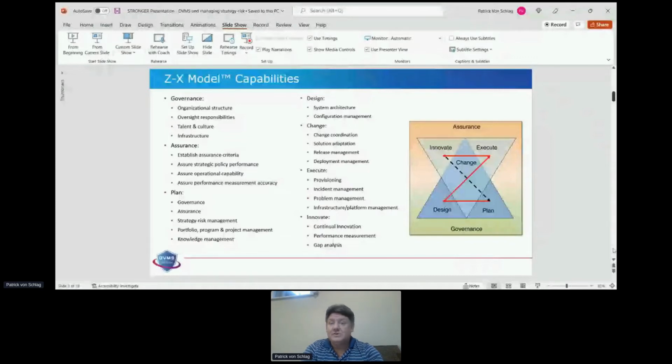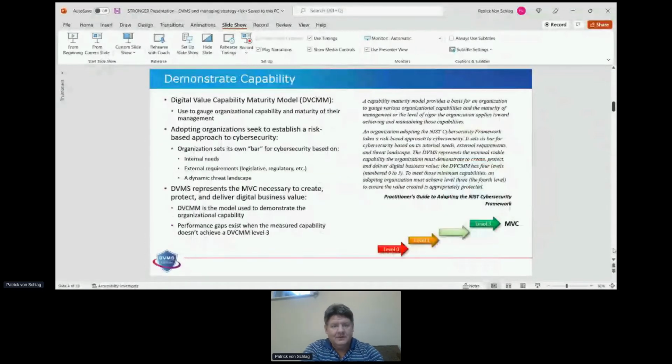Now, your organization may be using any number of different service management capabilities, governance approaches, and so on. And we're not suggesting that you should replace any of those, but that we can use this approach as an overlay to look at what it would take to do a gap analysis and assess your organization's minimum viable capabilities that you would need in order to meet certain organizational goals. Right?